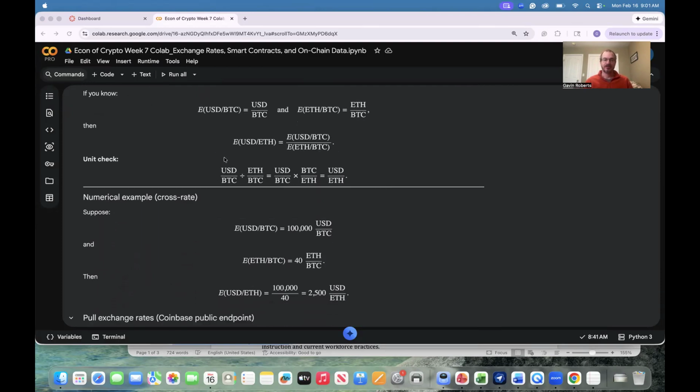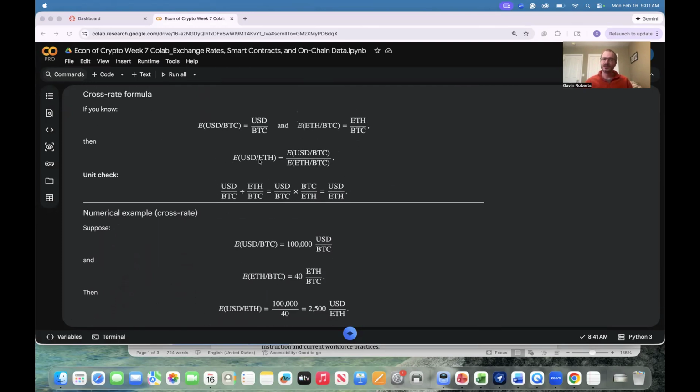We want USD per Ethereum, so here this is USD per BTC divided by Ethereum per BTC. But what do we do when we divide fractions? We turn that into multiplication and flip this. So BTC cancels out right there, and we end up with USD per Ethereum.